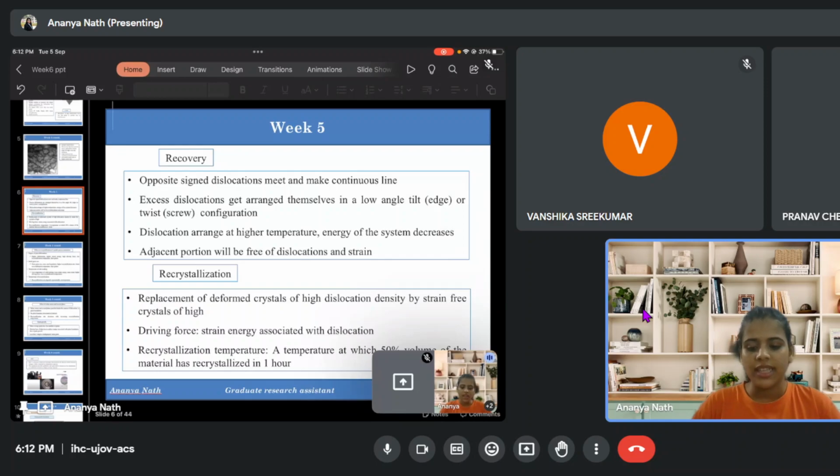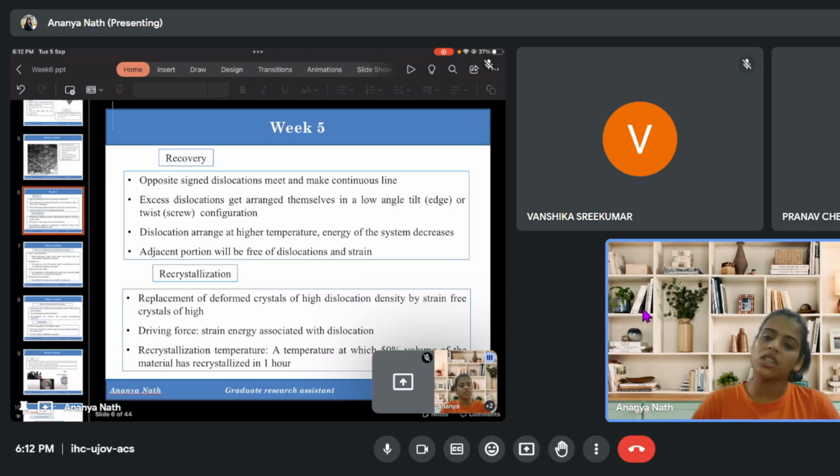So they will get arranged in a low angle boundary for edge, and a twist boundary for screw configuration, which denotes the low energy configuration. Then if they are arranged, they will not move further. If they are not moving, it means there is no dislocation movement inside the material.